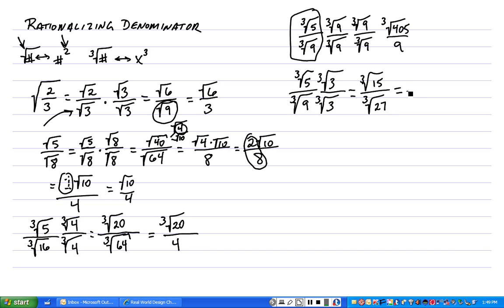I take the cube root of 27, I get a 3. Okay, and up top I have the cube root of 15. 15 cannot be broken down any further, so it stays cube root of 15. Alright, so I have cube root of 15 over 3 for an answer.